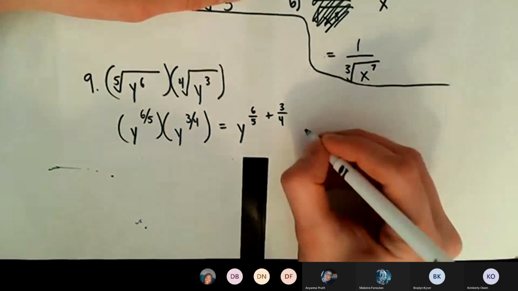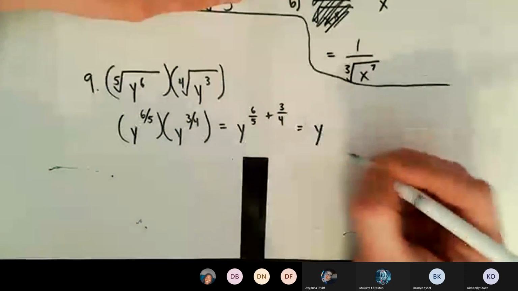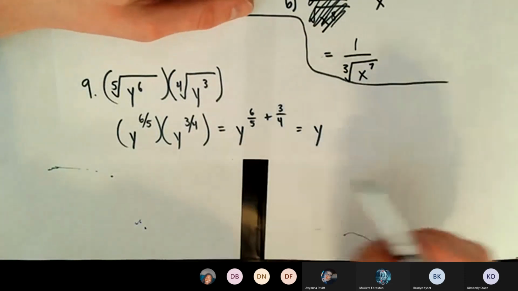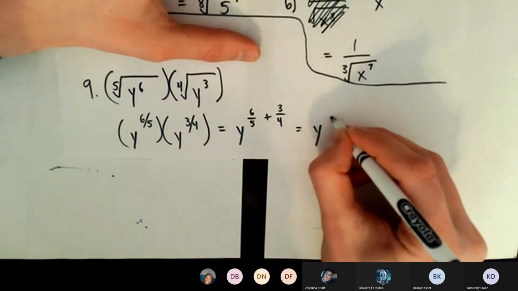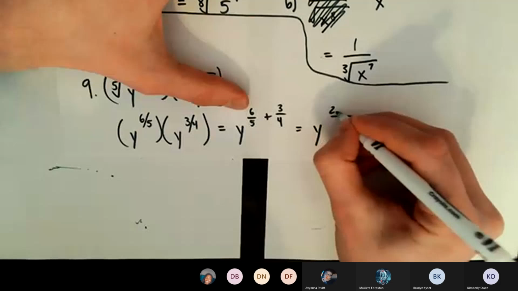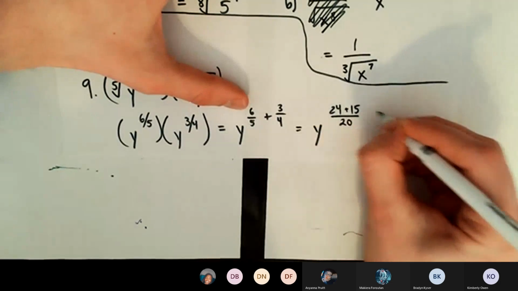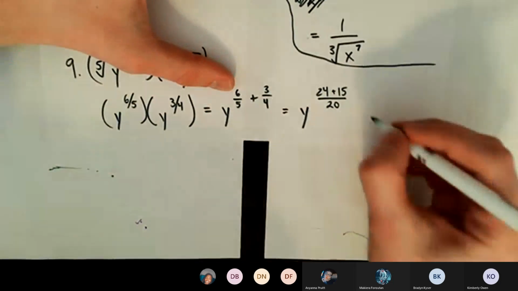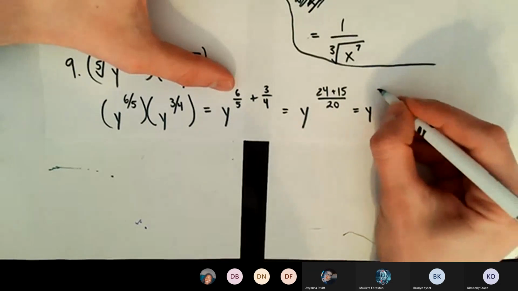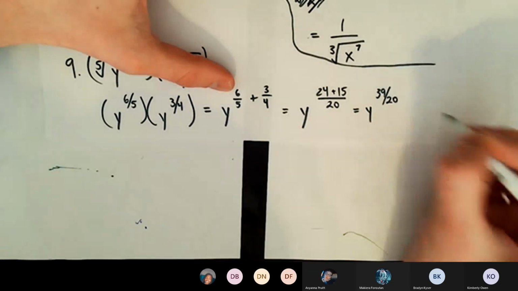Okay, and now this is where we have to recall our fraction addition rules. Common denominator, so this would be the same as common denominator of 20. So that would be 24 plus 15. And that would give me 39 over 20. There we go.